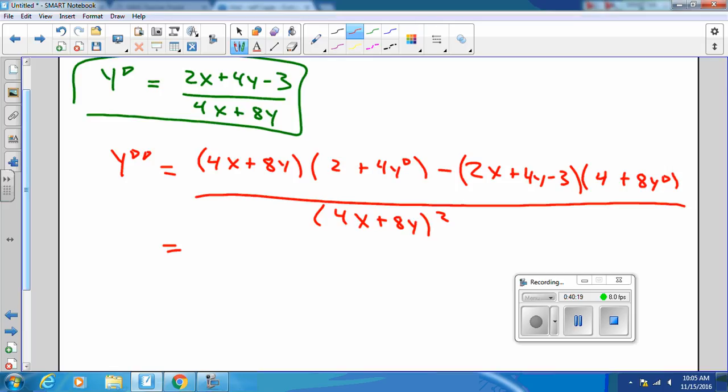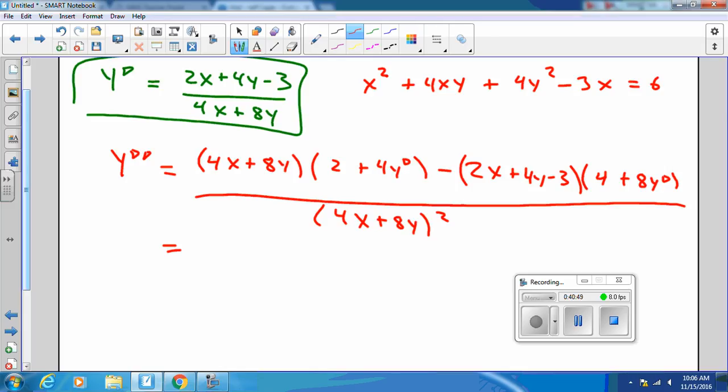But then we realize that in fact, this is not so bad off because we have values. We have a value for x, we have a value for y prime, it's 0. And we know that the entire denominator is positive, so we can effectively ignore it. The only thing that we're lacking is a value for y.